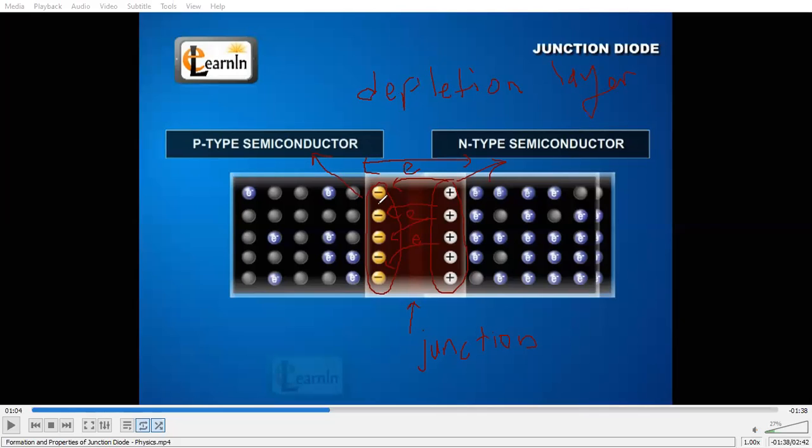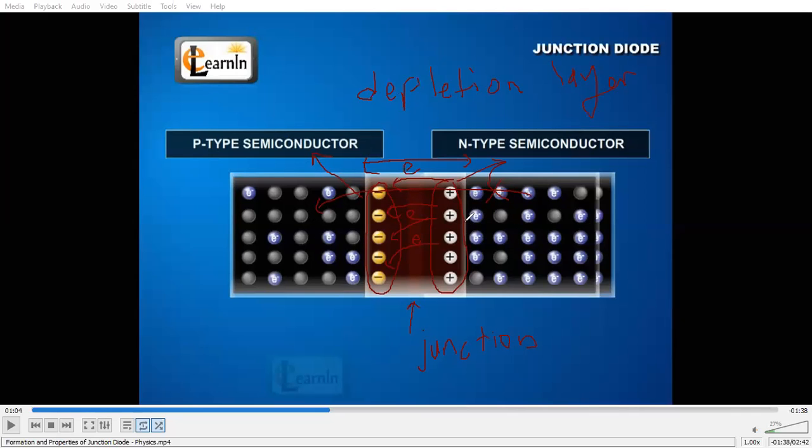Now, what happens due to the formation of the depletion layer? Here you still have a lot of electrons, here you still have a lot of positive holes. But the electrons from the n-type cannot drift to the p-type anymore. Why? Because negative and negative will repel, or positive and positive will repel.